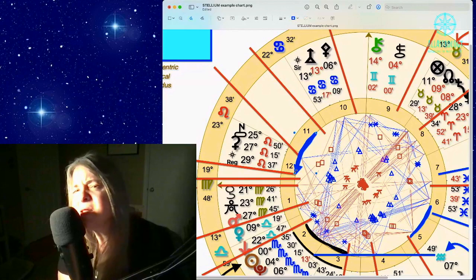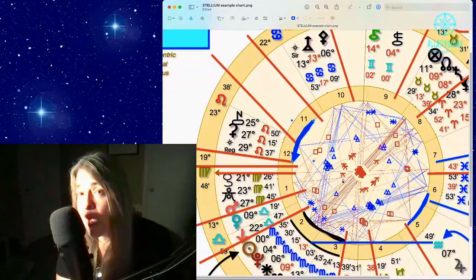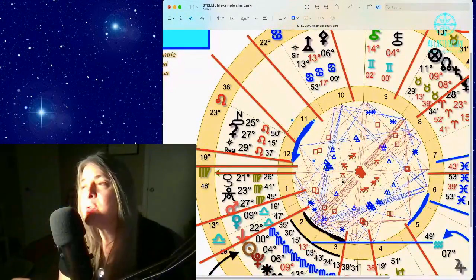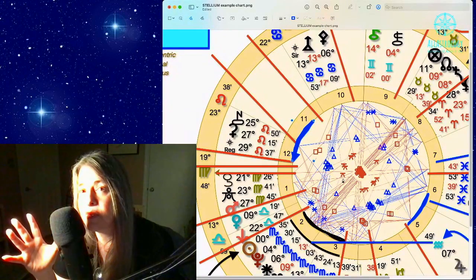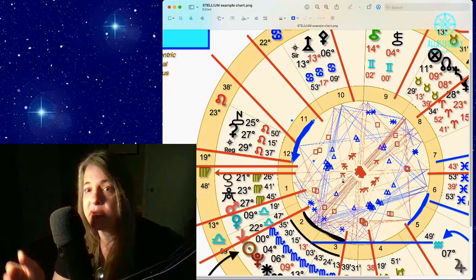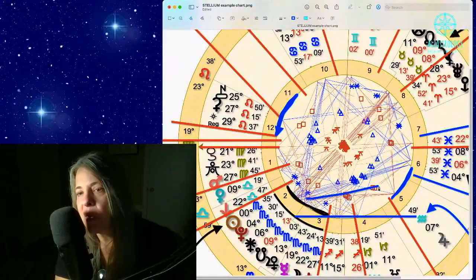And so this makes it even more complex when you've got those same energies dipping into 2 different houses, because each house is a new category of your life that it opens up to. So it's open to 2 categories. So 2 categories get squared and angled up with all of this.